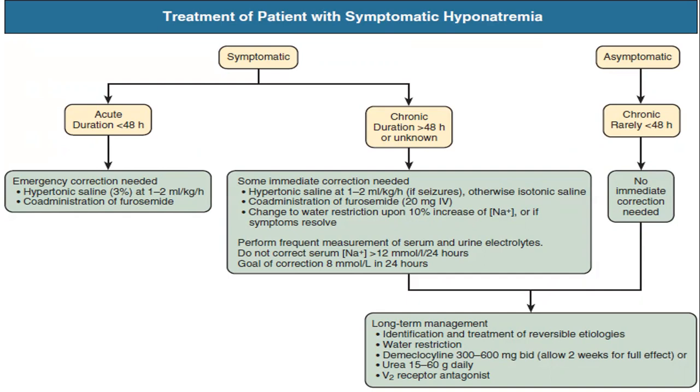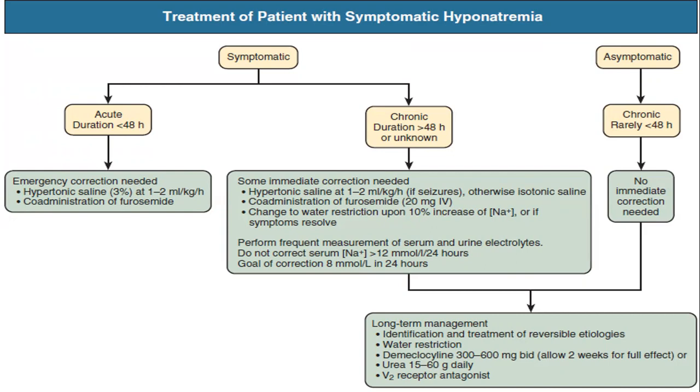In chronic symptomatic patients, that is, the duration is greater than 48 hours or unknown, we again suggest immediate correction with hypertonic saline 1 to 2 ml per kg per hour, or if seizures, or otherwise isotonic saline can be given in co-administration with furosemide, and water restriction, until 10% increase of sodium, or if symptoms resolve.